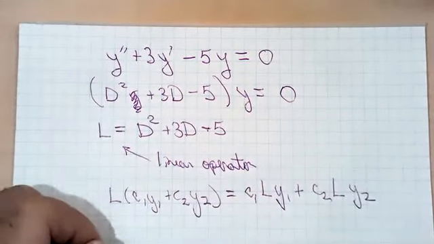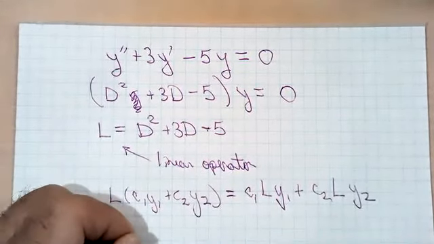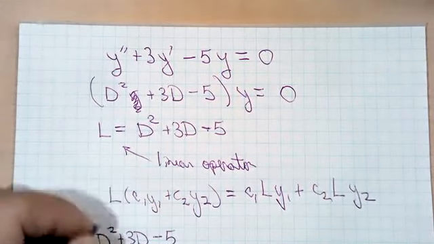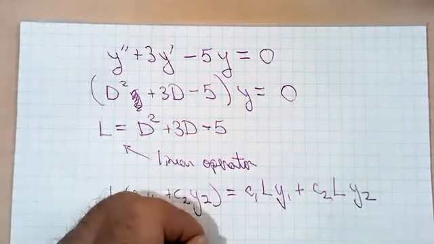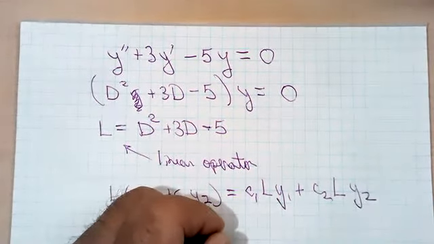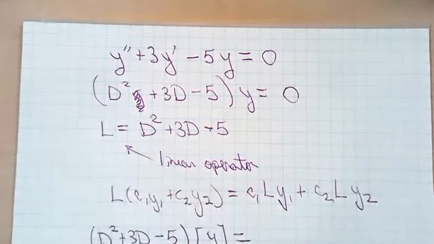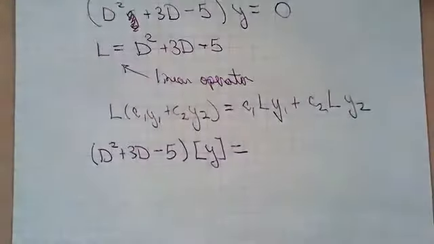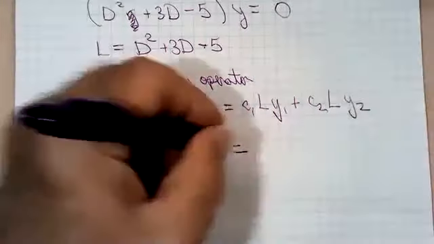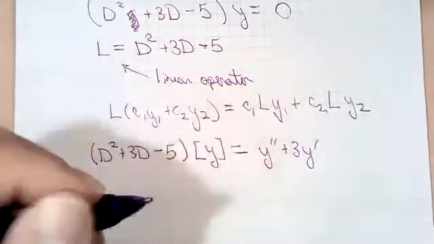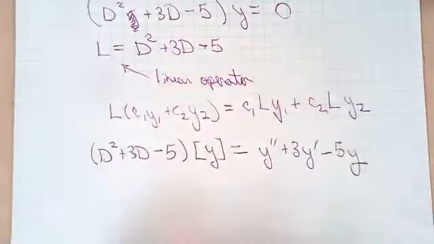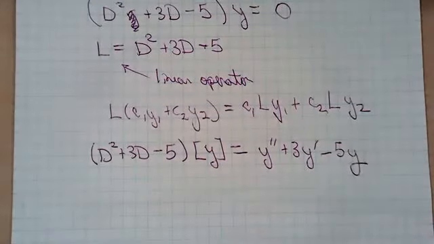If someone writes one of these things, D squared plus 3D minus 5, and then I think usually they put these in parentheses, and sometimes they'll use square brackets for this. It's just a notation, but if you've never seen it before, it can be kind of shocking. You think, whoa, what's that? It means this: y double prime plus 3y prime minus 5y. That's it. So you can wax eloquent for a few pages on linear differential operators.